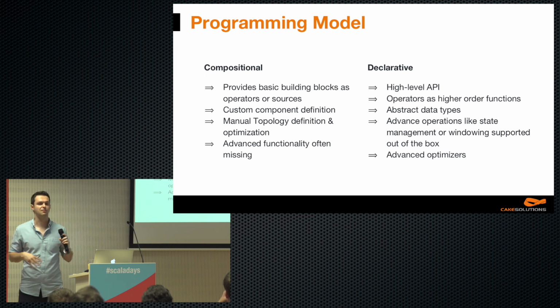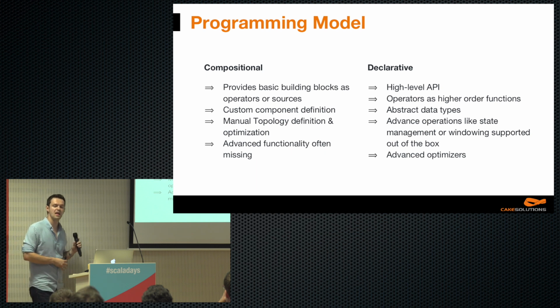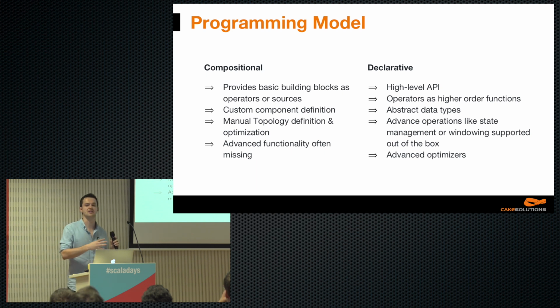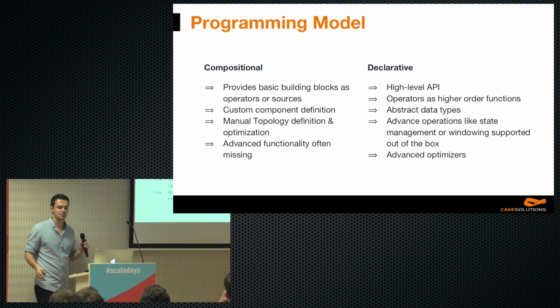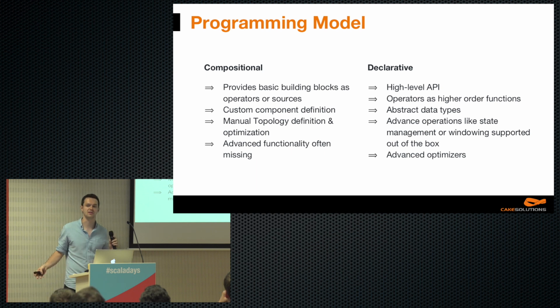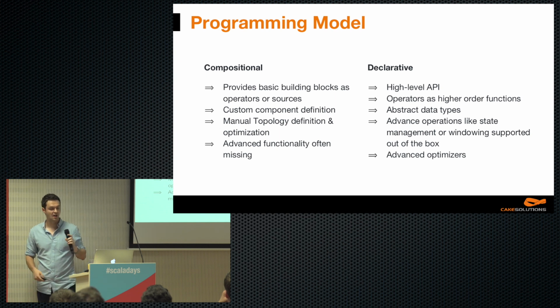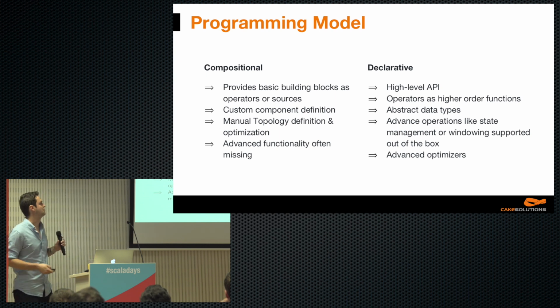It allows us to write functional code with abstract types and all its fancy stuff we love, and the system creates and optimizes the topology itself. Also, declarative APIs usually provide more advanced operations like windowing or state management out of the box. I'm going to show you some code samples very soon.